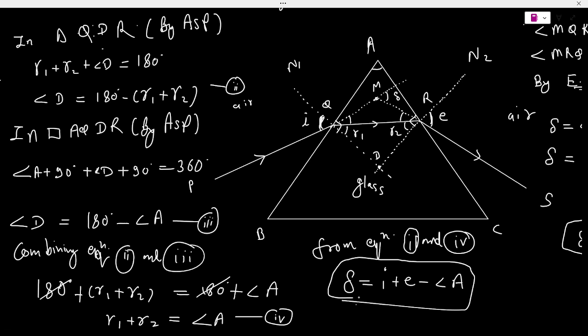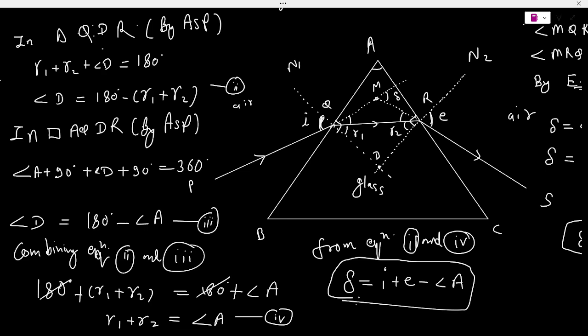You have to remember this relation for the numericals. It often comes in numericals whenever you have to find the angle of deviation. Sometimes it comes in MCQs also. They ask in MCQ, what is the relation between delta and A? So this is the relation between delta, which is the angle of deviation, and A.